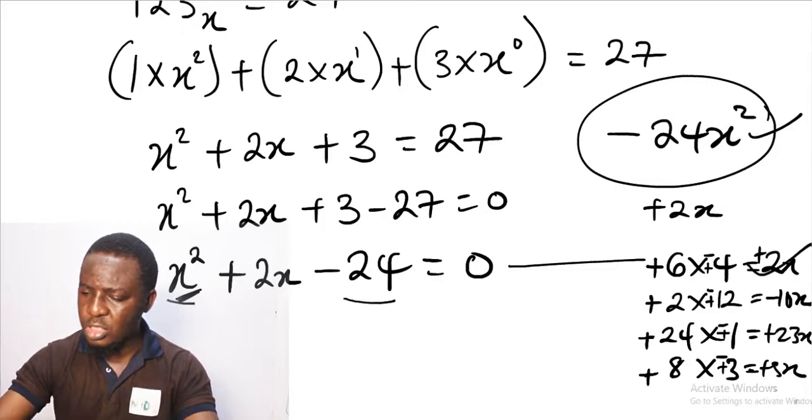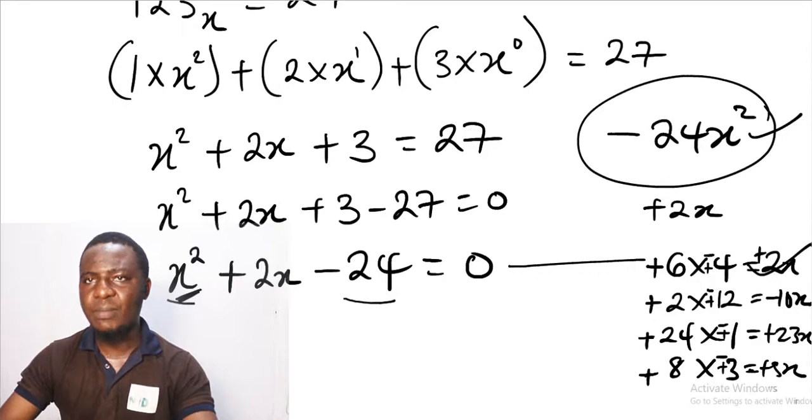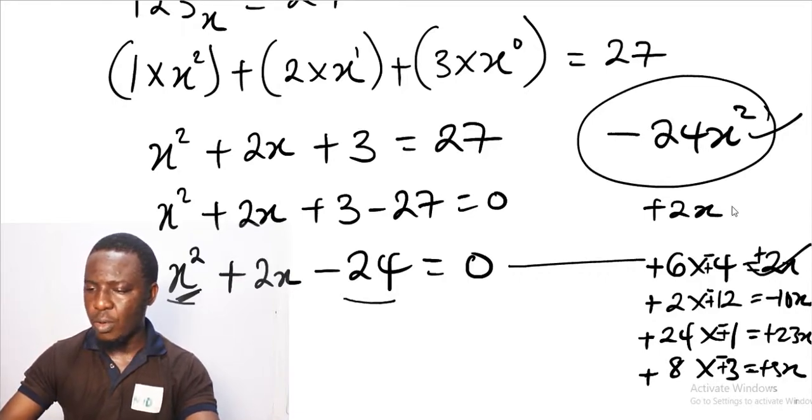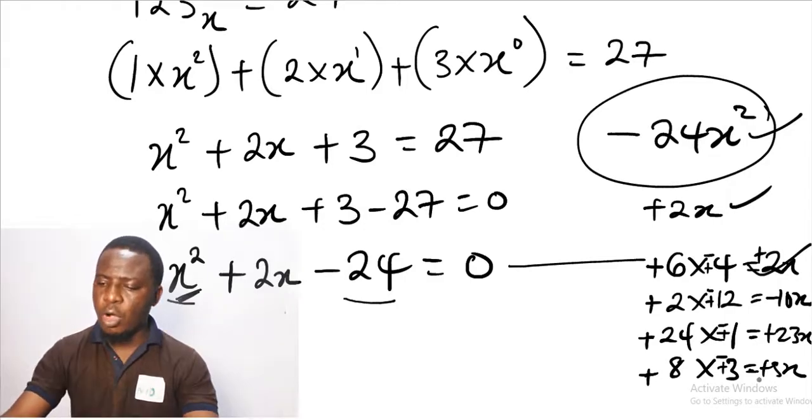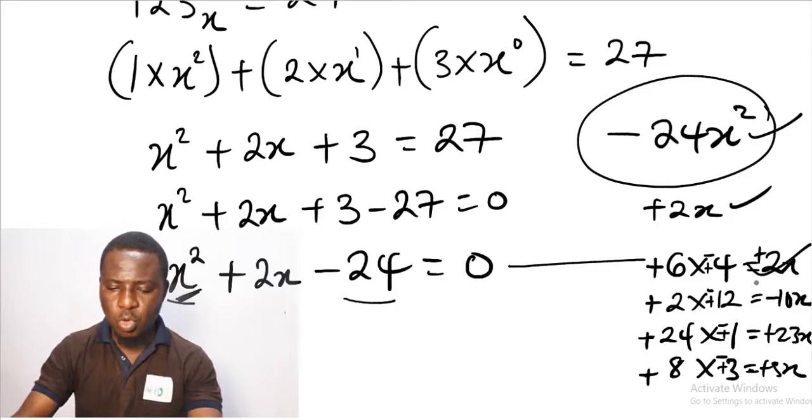So of all these, you discover that plus 6 and minus 4 meet these 2 conditions. Of these 4 sets of numbers that we tried, it is only plus 6x and minus 4x that met these 2 conditions.